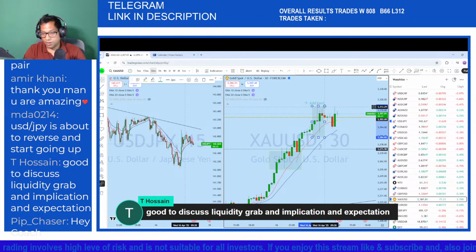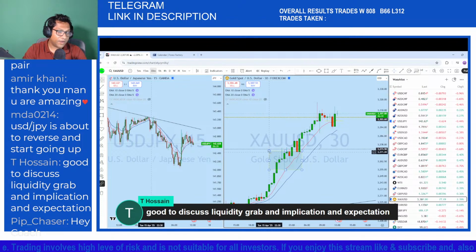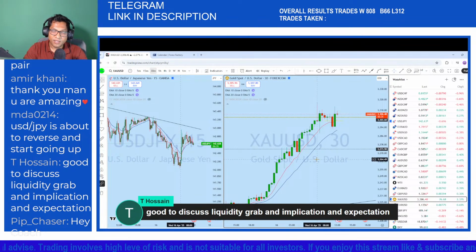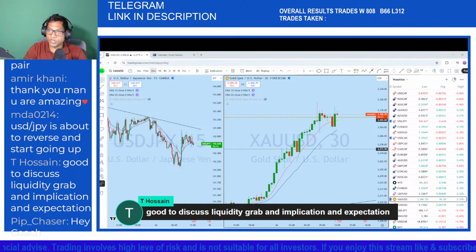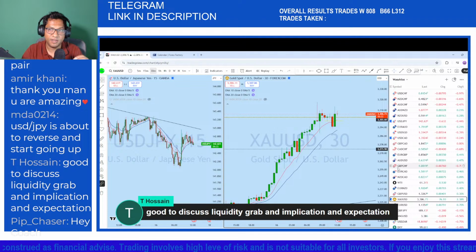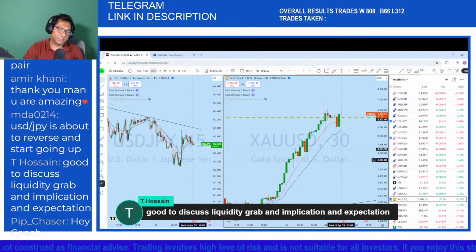So now there's an advantage the retail trader has over the smart money, which is that the retail trader has a reference. What do I mean by this?